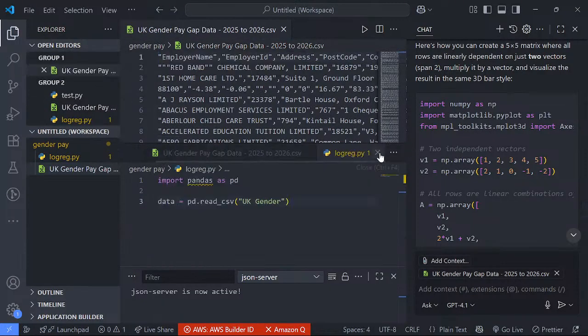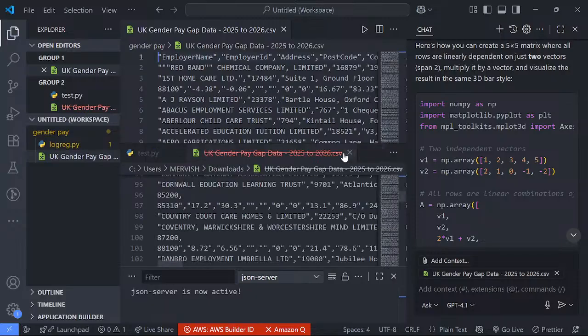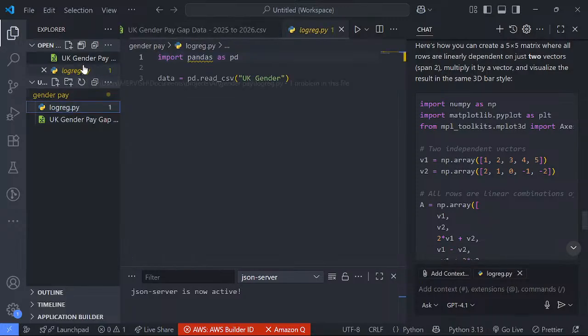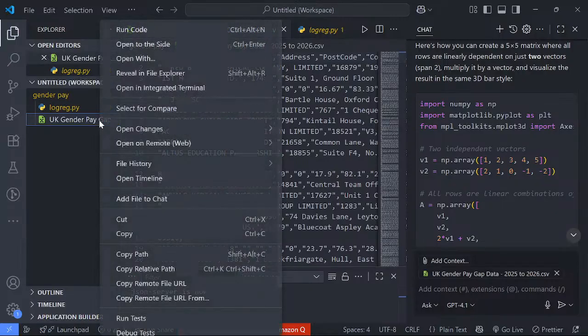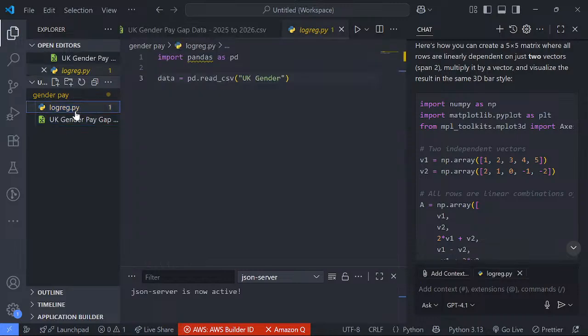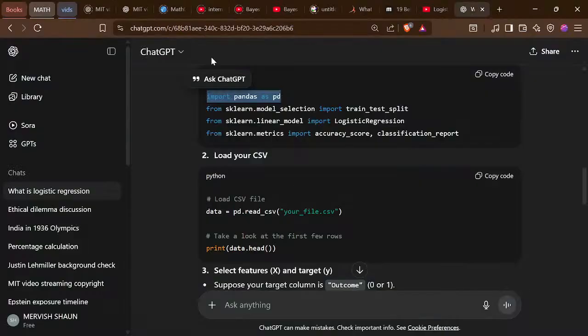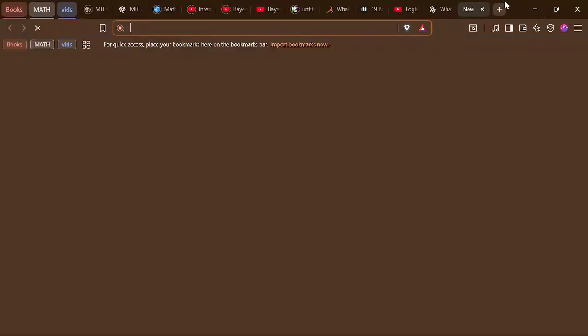Bro, what the hell? No. Copy path, I think. Why does it say could not resolve? Did I not have pandas downloaded?